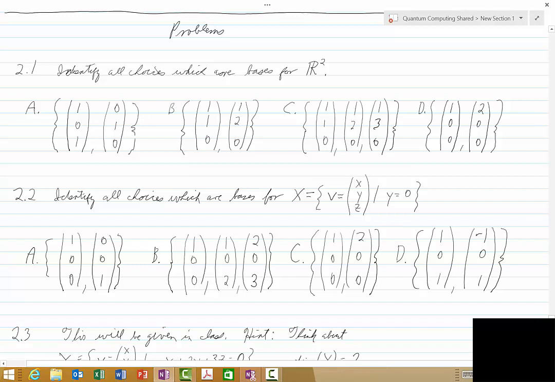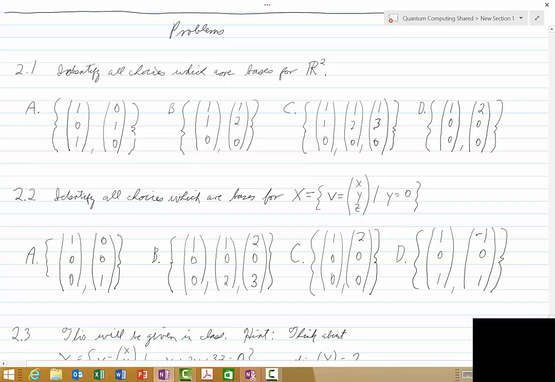C is the set of the vectors 1, 1, 0, 1, 2, 0, 1, 3, 0, and D is the set of the 2 vectors 1, 0, 0, and 2, 0, 0. And by the way, for R2 here, I am talking about the XY plane, just as I was in the lecture. So this is the plane Z equals 0, or the XY plane.